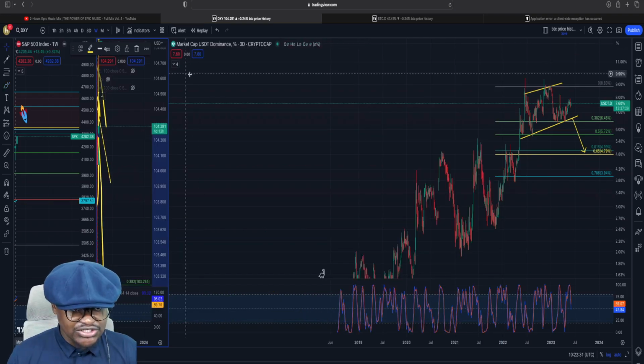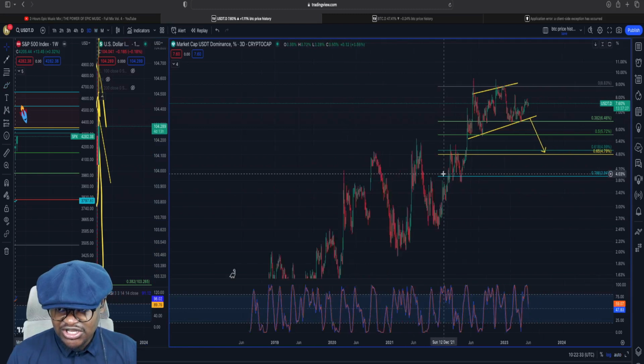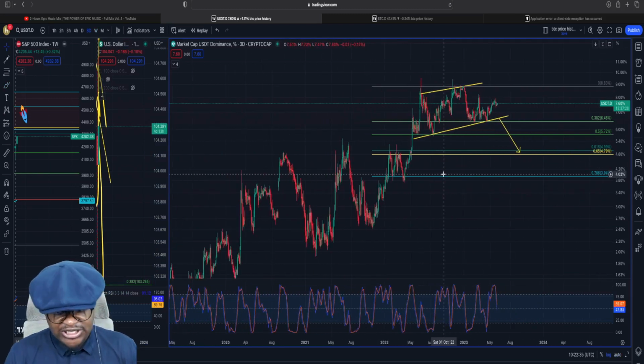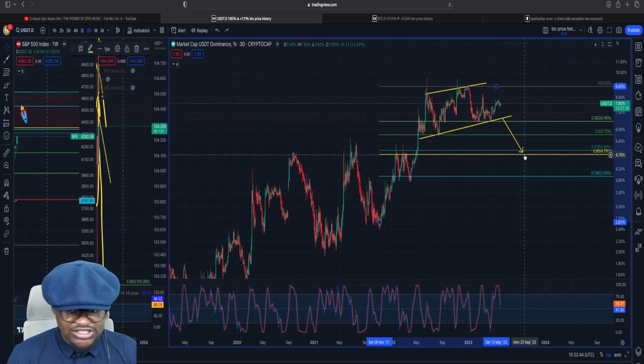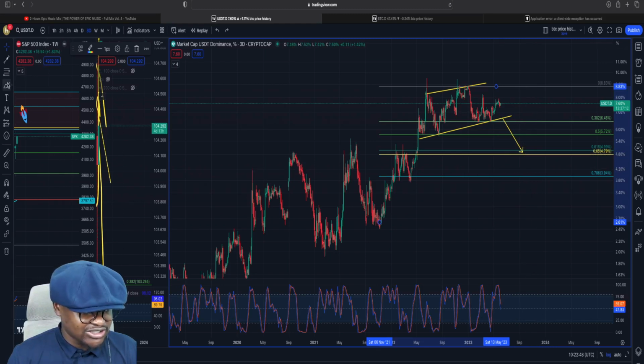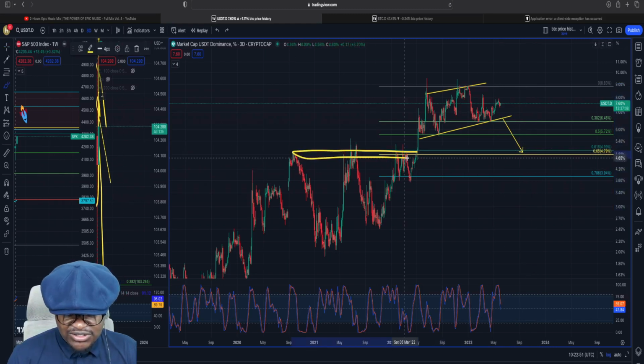If we go here to USDT dominance, we will see that we are pretty much expecting the same thing to happen. We are still waiting for it to come down here to this area, which will be the 0.618 corresponding with the zone right here, which is the neckline of this double bottom.